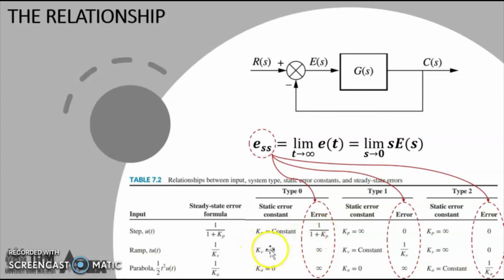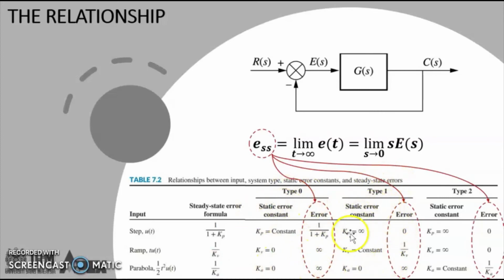But for kv and ka, type 0 will give you 0. And because of this, to determine the error, it's 1 over kv. So once this is 0, you will have the error equal to infinity. 1 over 0, the error is infinity. That one is type 0.